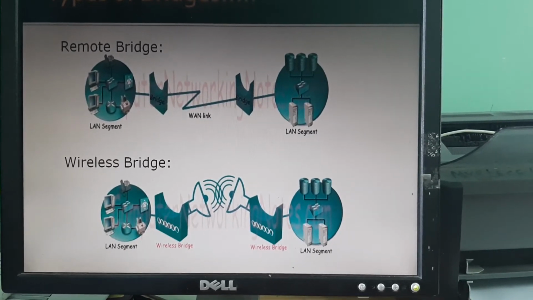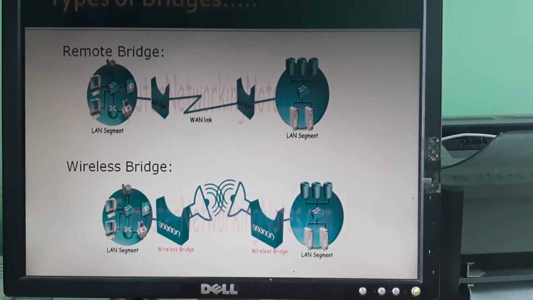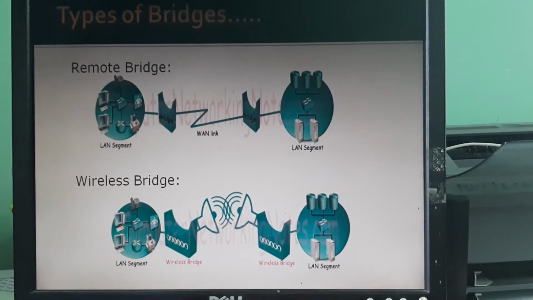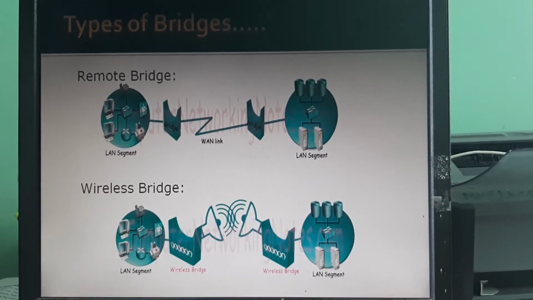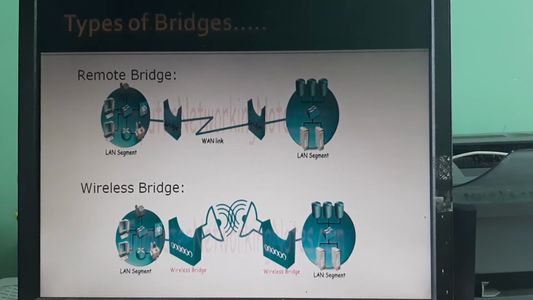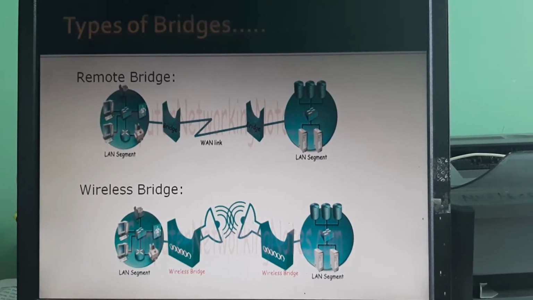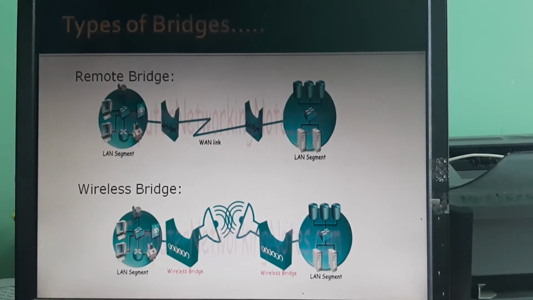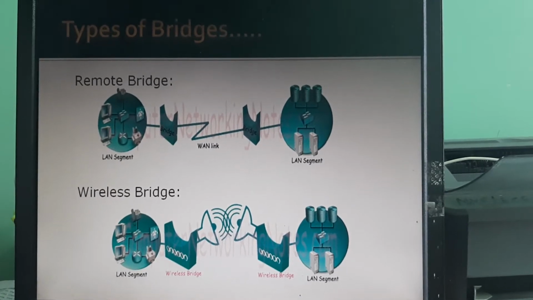Means you see in the diagram, there are 2 antennas, where the signals are passed without any wire connections. Means the data or the signals are transmitted wirelessly. These are the 3 types of bridges.